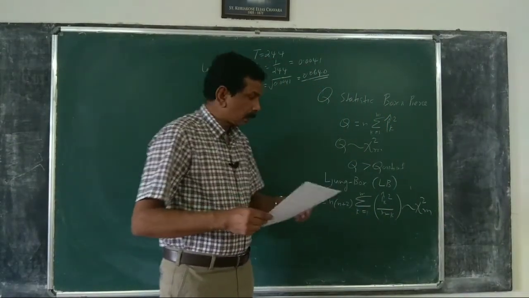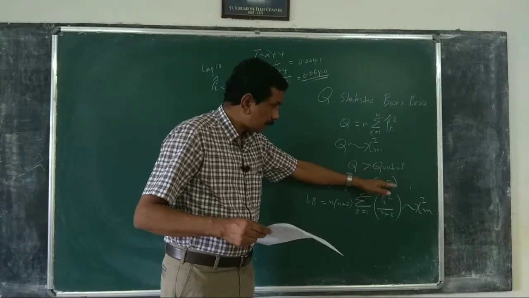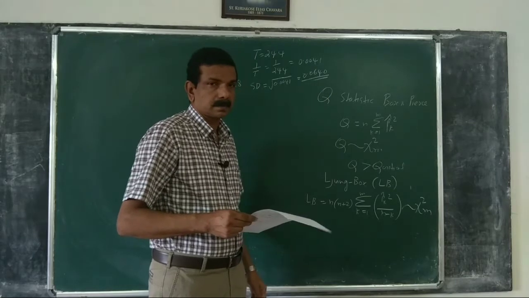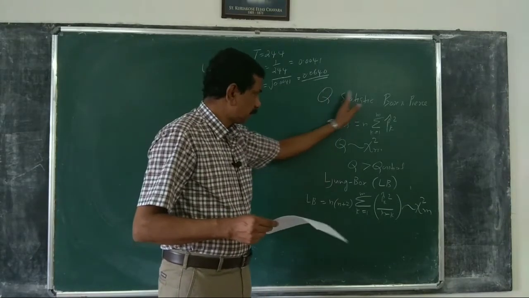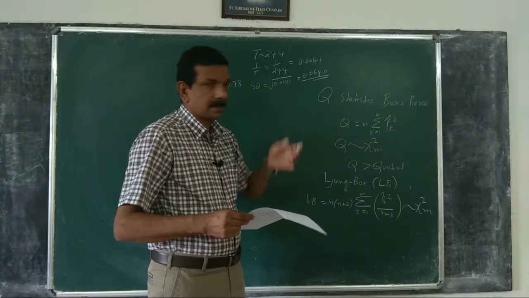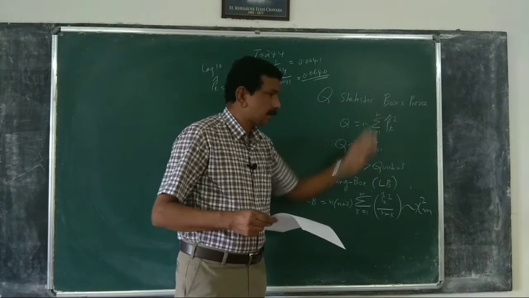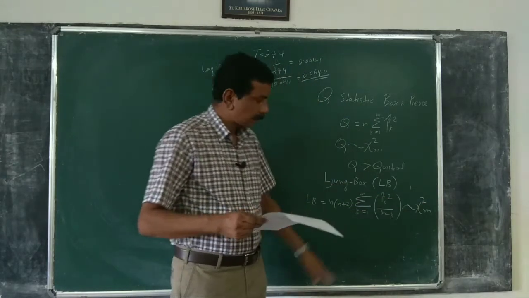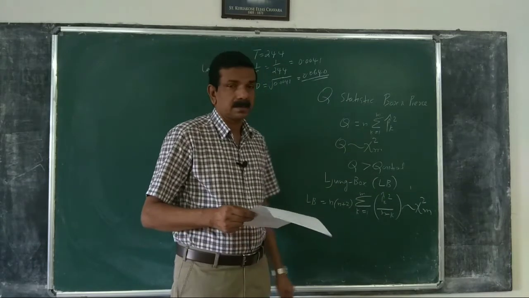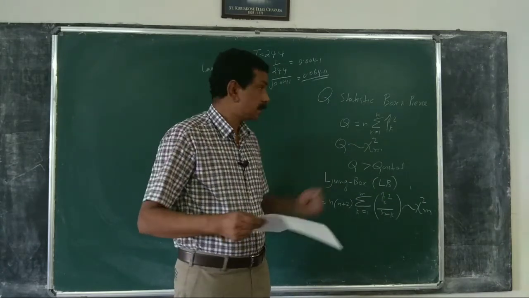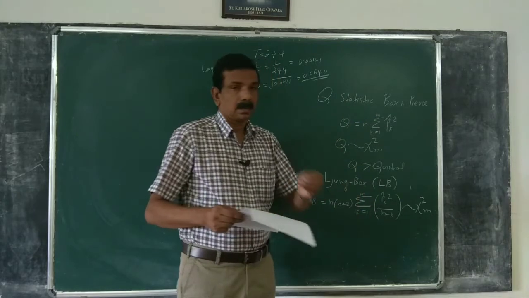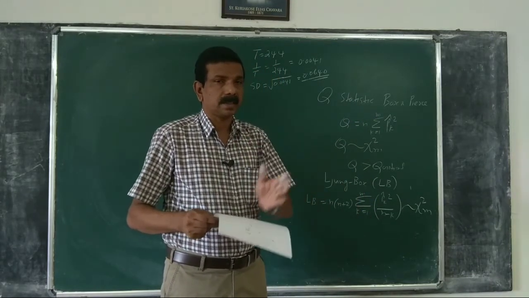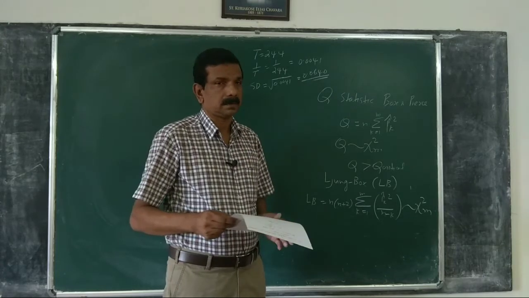Now, this LB statistic has better small sample properties than the Q statistic. In software like EViews, Gretl, etc., the Q statistic is reported. LB is another statistic. The purpose of both is to test the joint hypothesis that all autocorrelation coefficients up to a certain lag are equal to 0.